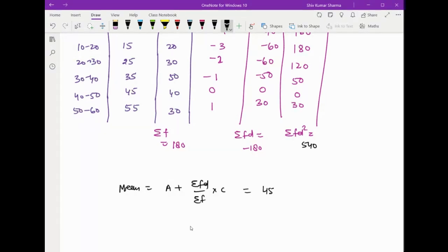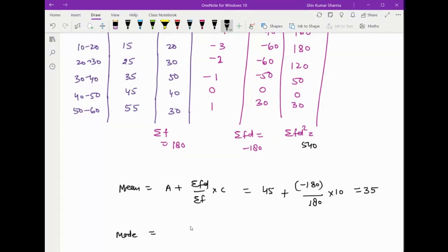So the assumed mean is 45, plus summation of fd, which is minus 180, upon summation of f, which is 180, into the interval. The interval is 10. So what is the mean? Calculate this. 35, very good. So the mean is 35, and now we calculate the mode.